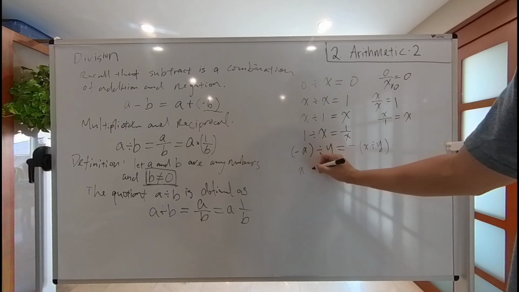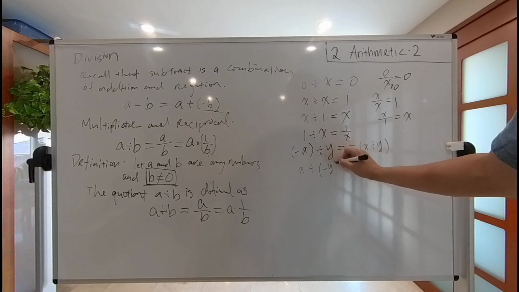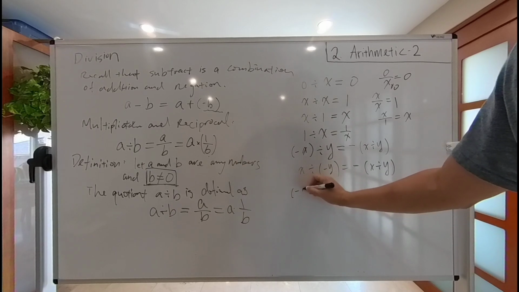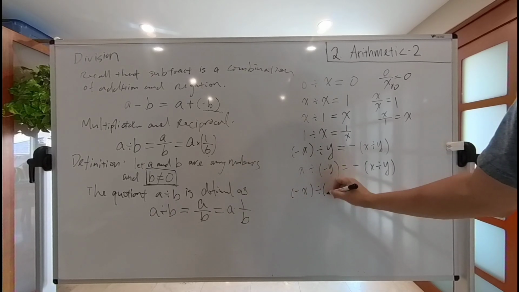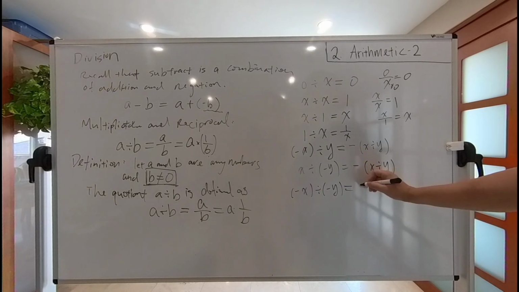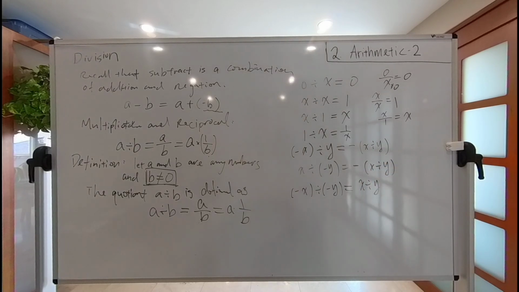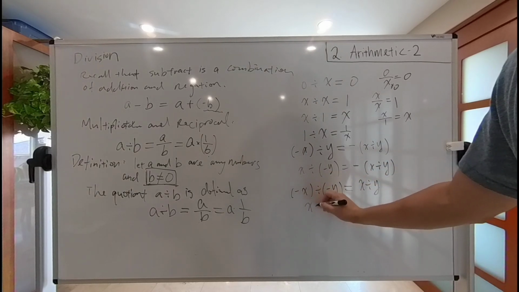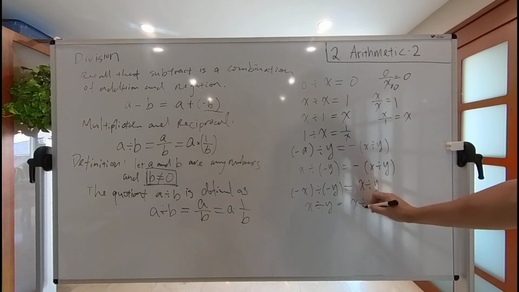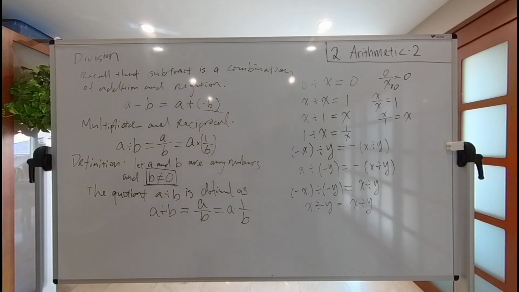Similarly, if I have x divided by negative y, it should be a negative number of x divided by y. And only if both numbers are negative, then they cancel out each other and become a positive number, just x divided by y, right? And of course, if they are both positive, the outcome is also a positive number.